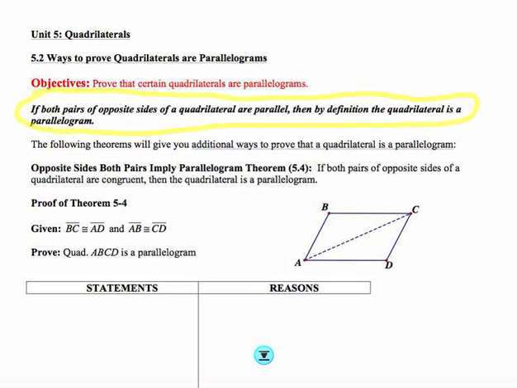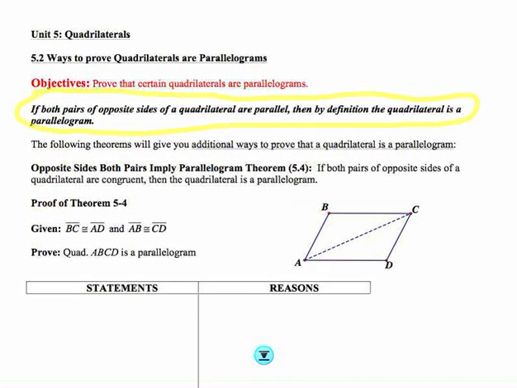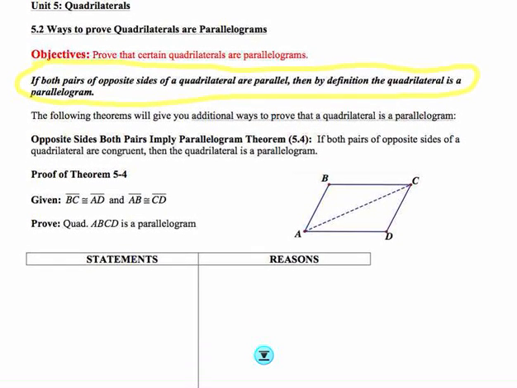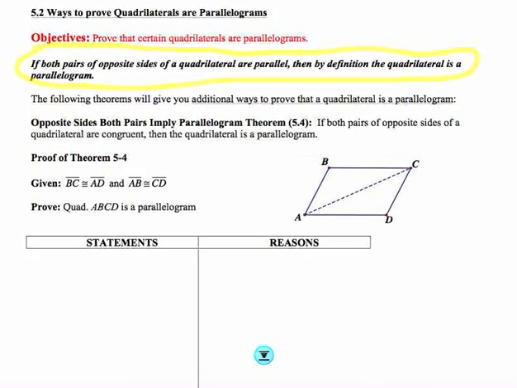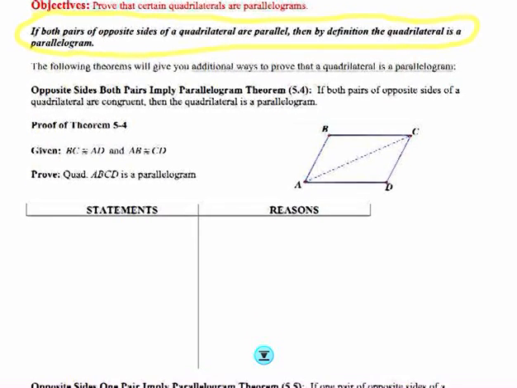What we're going to do now is focus on the converses of theorems 5.1, 2, and 3, which relate to the properties of parallelograms. These converses are ways in which we can prove that a quadrilateral is in fact a parallelogram.